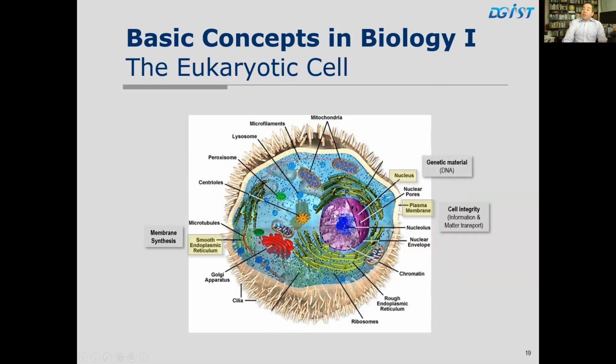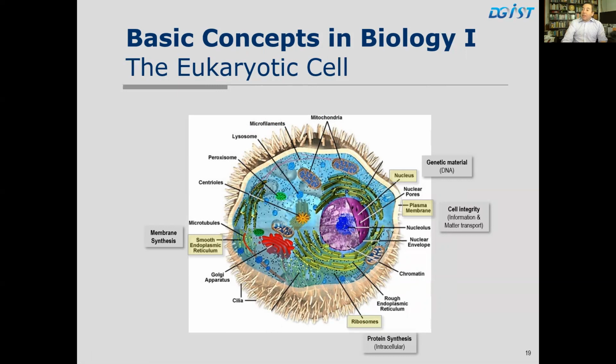Now, the genetic material of the cell, in particular the DNA, is within the nucleus. And eukaryotic cells are typically defined by this circumscribed nucleus in which the DNA material resides.